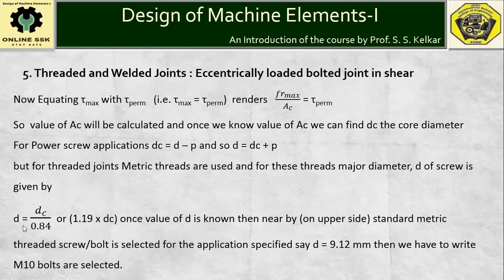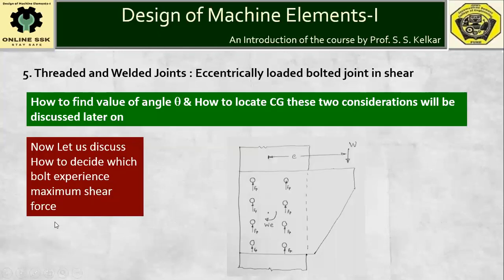Here the nominal diameter is given by DC upon 0.84 or 1.19 times DC, whereas for power screw applications D is given by DC plus P. So just please note the difference between the two formulae for calculating nominal diameter in case of power screw and nominal diameter for the screws of threaded joints.